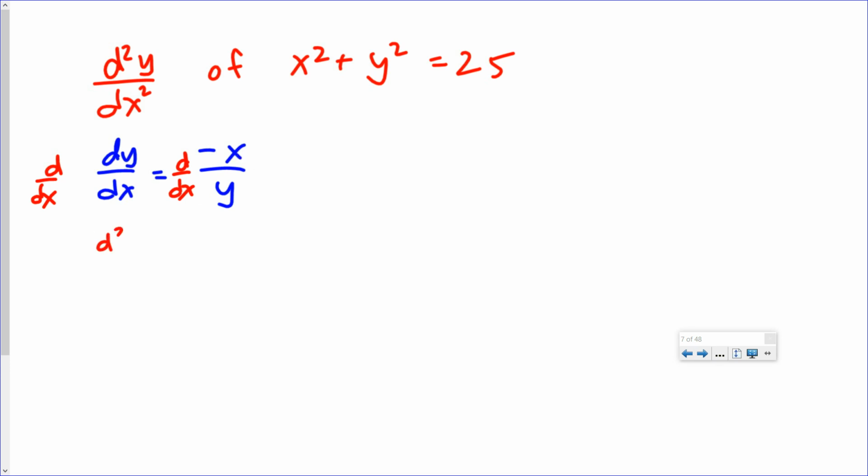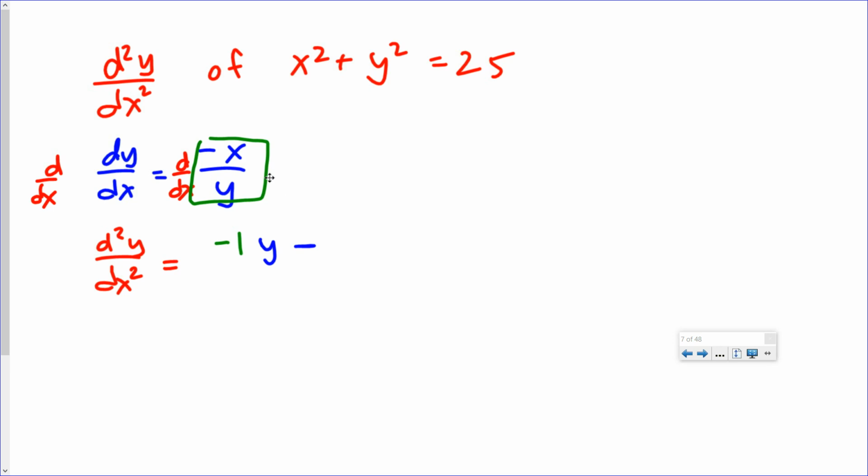All right. So what I'm going to do is take the derivative of this. So the second derivative is equal to, and see if this makes any sense to you. Quotient rule. See it? Quotient rule. Okay, so here we go. It's the derivative of the first times the second minus the derivative of the second.